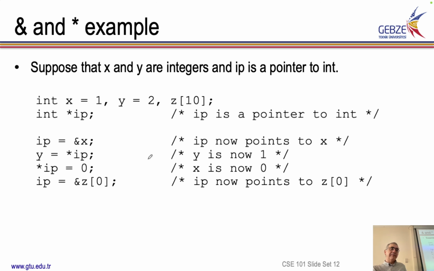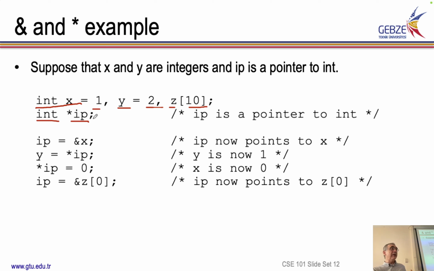So, let me quickly go over it, because it is important and I'm not going to talk about it again. X is equal to 1, Y is equal to 2, Z is an array of 10, all integers. Integer pointer IP, or Hasan, whatever, right? So it is a pointer. Does it show anything yet?